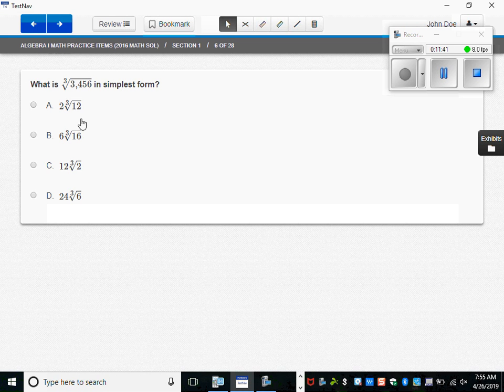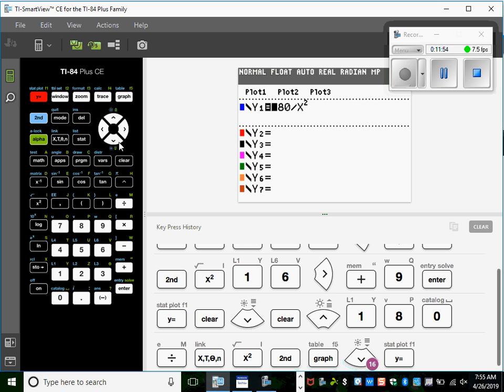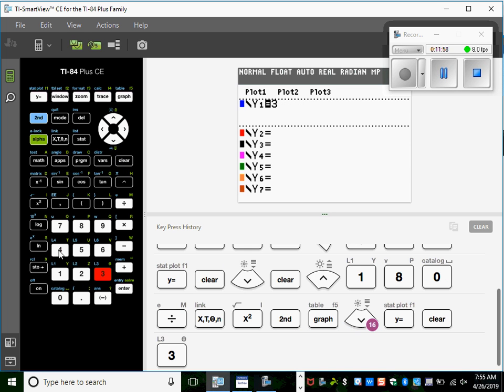All right. This one here, you can do right on your calculator. Okay. So what is that? 3, 4, 5, 6. Okay. I can do that. So I'm going to hit my y equals key. I'm going to put in 3, 4, 5, 6. Since this was cube root, I'm going to divide by x to the third.